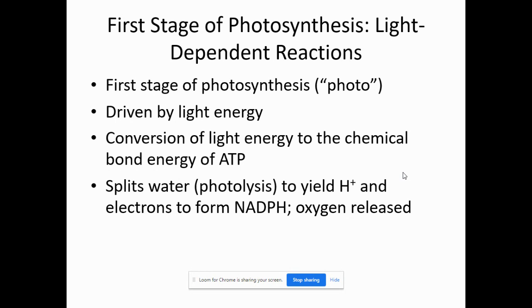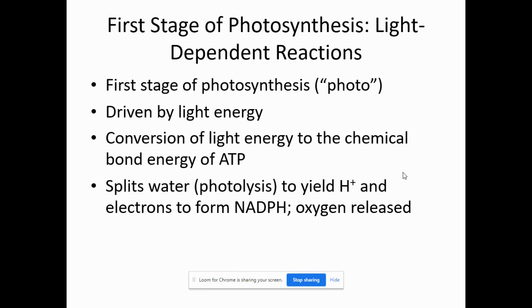reactions. And in the light-dependent reactions, you have the conversion of light energy to the chemical bond energy of ATP. There's our good buddy ATP again. Okay, in addition to this, you have the splitting of water, called photolysis, because the energy from the sun is used to split that water.